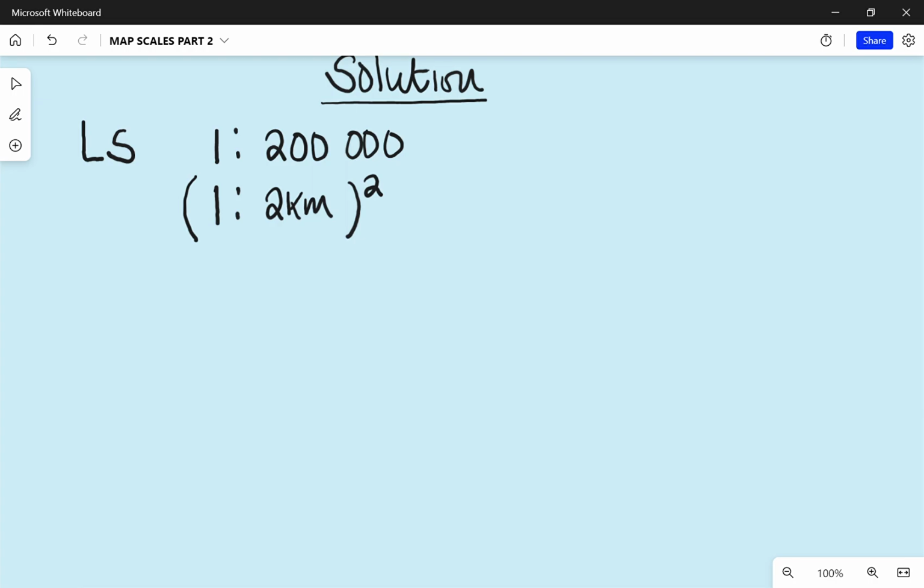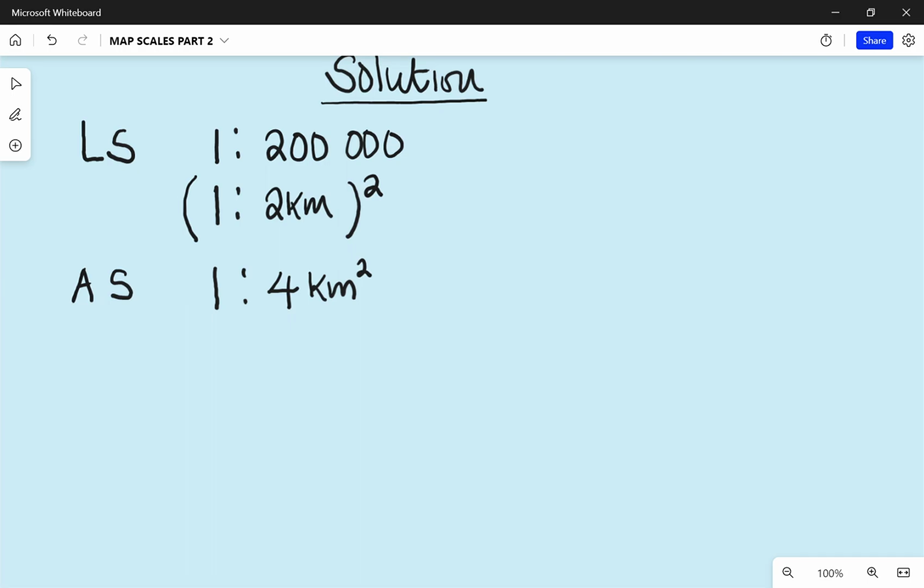Once we square it, we have an area scale, AS, meaning 1 times 1 is 1, 2 times 2 is 4, in square kilometers. This is the scale I'm going to be using. That simply means 1 square centimeter on the map is equivalent to 4 square kilometers in reality.